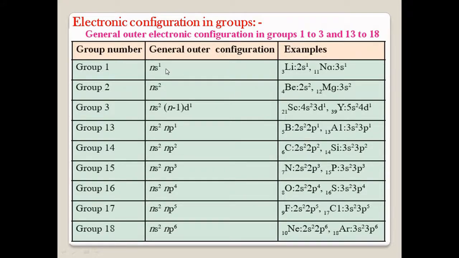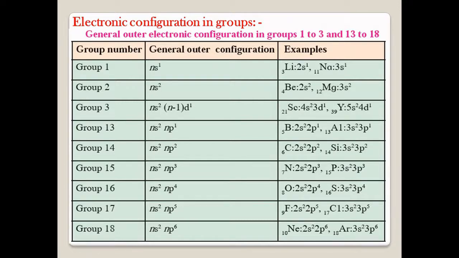So the last valence shell, that is valence electron, enters into the s shell. So one s and one electron in the last valence shell indicates it is of the first group. Are you getting this?